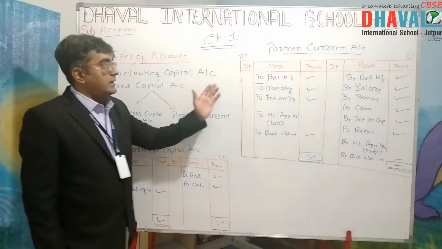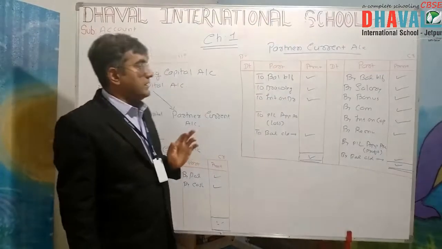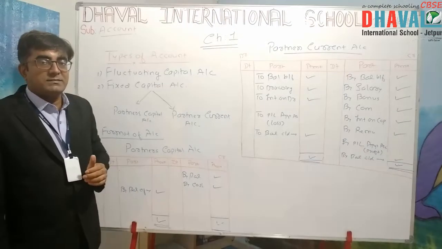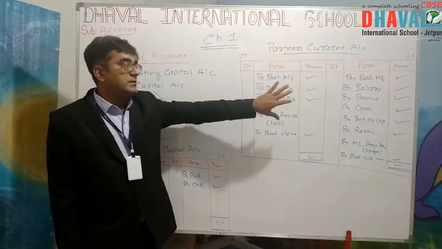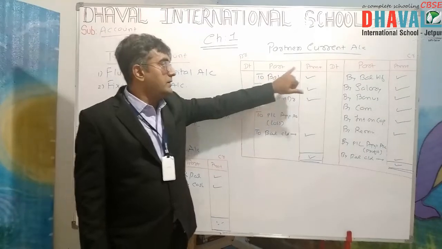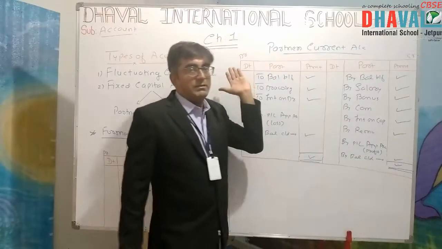Now you see account 2, partners current account. Partner current account is an account in which all transactions of the partner's income or expense are written. Format is date, particulars, amount, credit and debit.